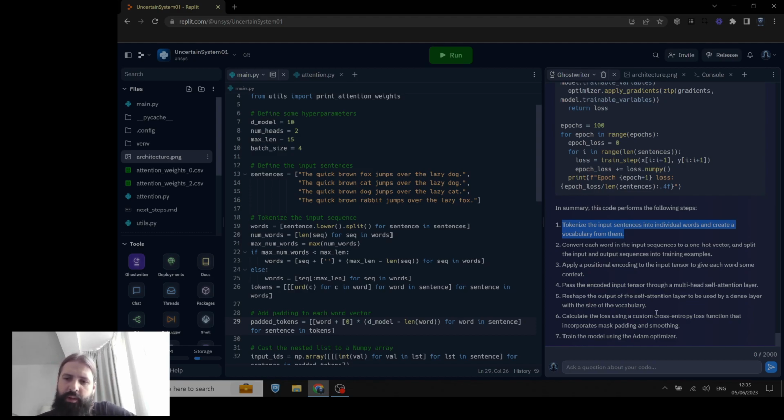Reshape the output of the self-attention layer to be used by a dense layer with the size of the vocabulary.